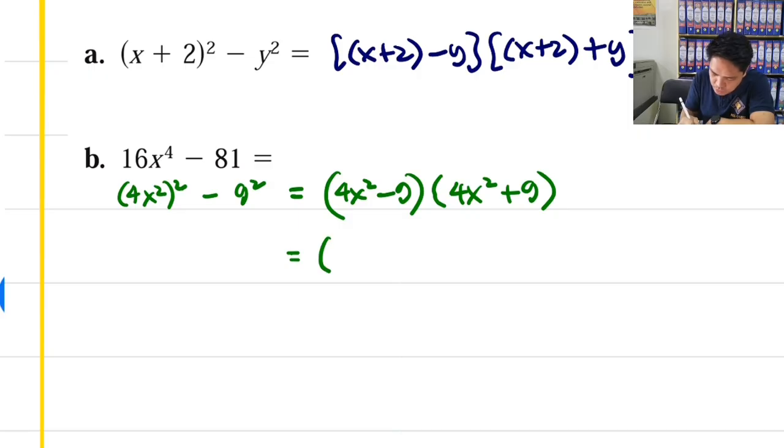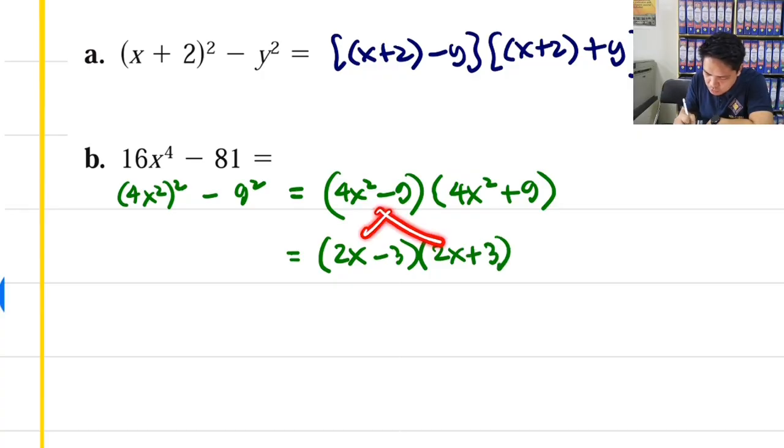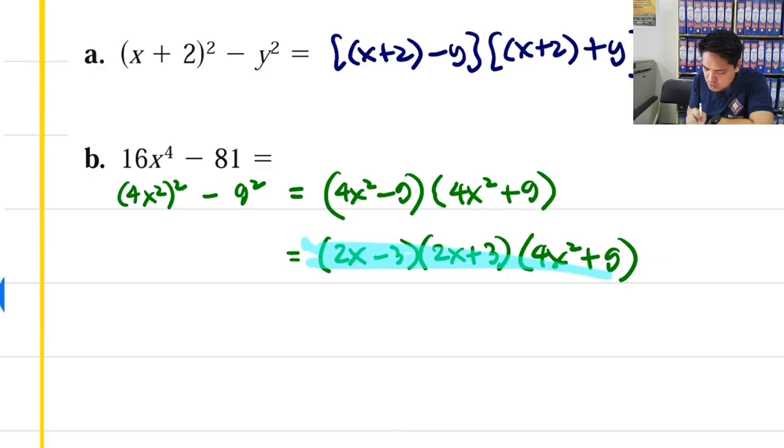So we'll have 2x minus 3, 2x plus 3. This is the factor of this, times 4x squared plus 9. So this is now the complete factorization of that polynomial. Okay, so again, it's hashtag easy.